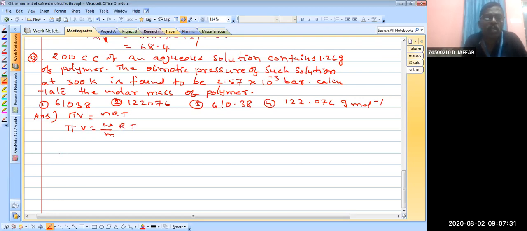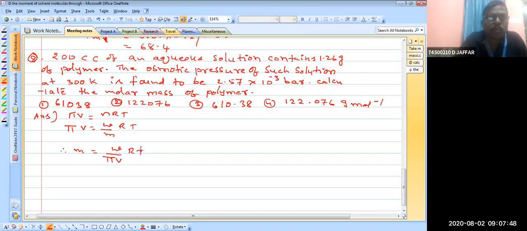Here what we want to calculate, M value we want to find out. Therefore M is equal to W into RT divided by pi V, right?